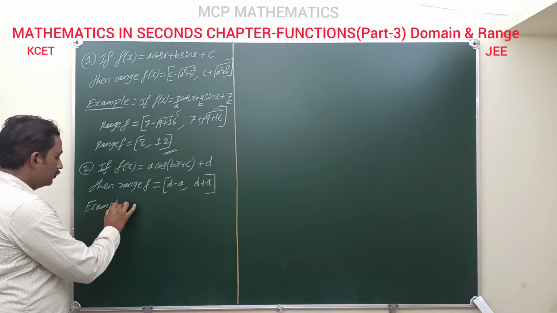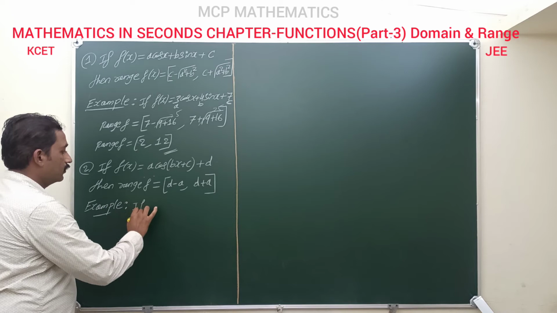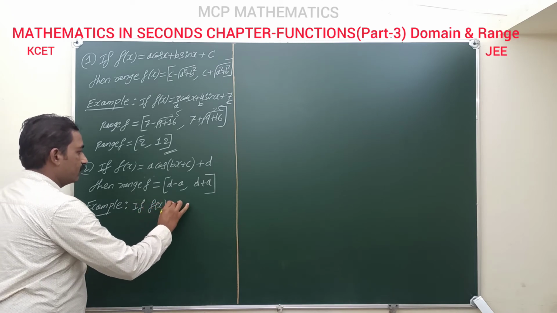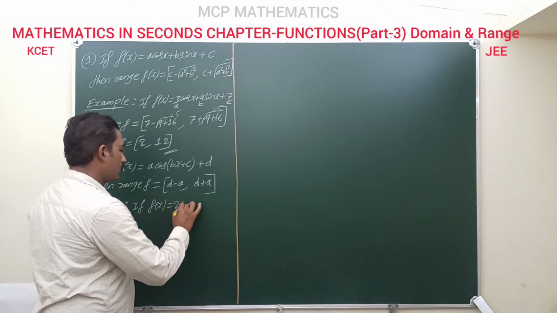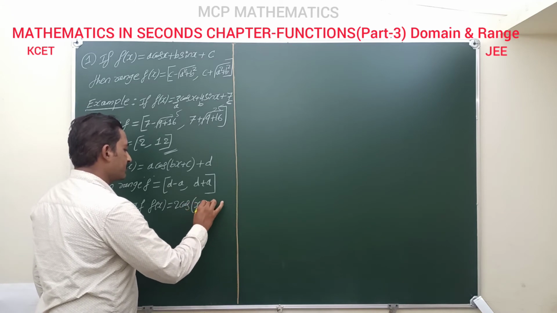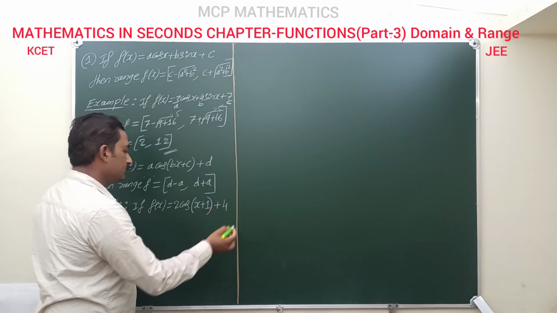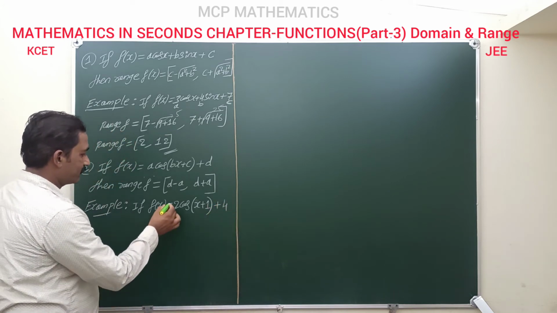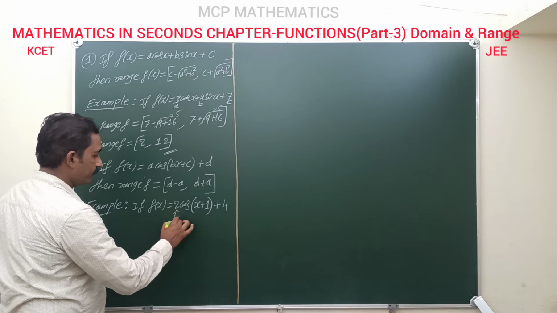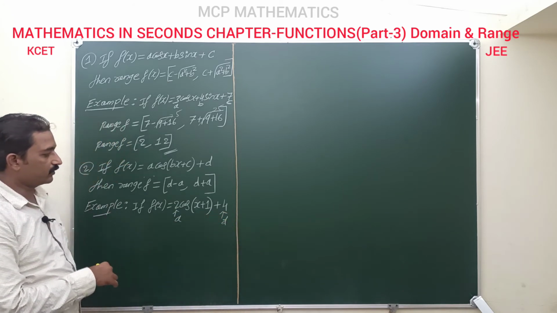If f of x is in the form of 2 cos of (bx plus 1) plus 4, in this case this is the a, this is d. So d minus a to d plus a.